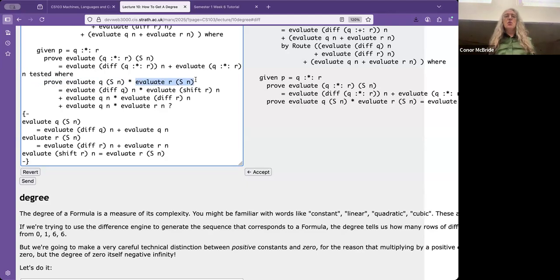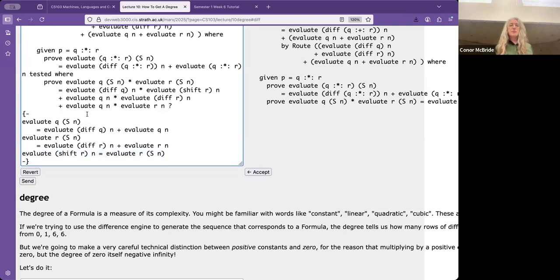I've got two ways I can do something with evaluating R at successor of n. And I need somehow to get shift involved. There's a shift on the right-hand side of the equation. There's no shift on the left-hand side of the equation. So at some point, I'm going to use this third fact to make a shift appear.